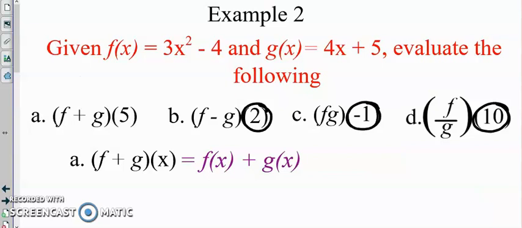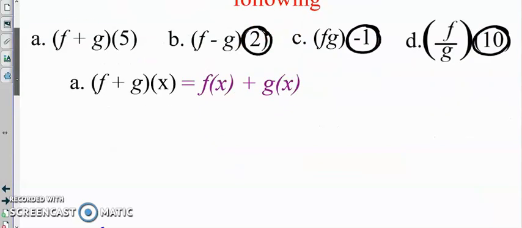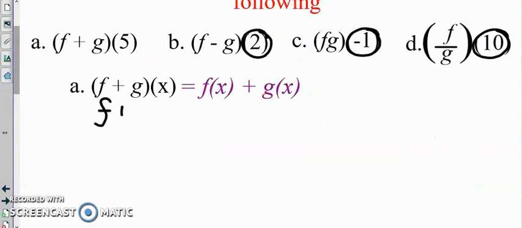So to make this easy, I broke it up. Now when it comes to these functions, we're going to start off with our answer from the last example. All the answers that we're starting off with come from example 1.